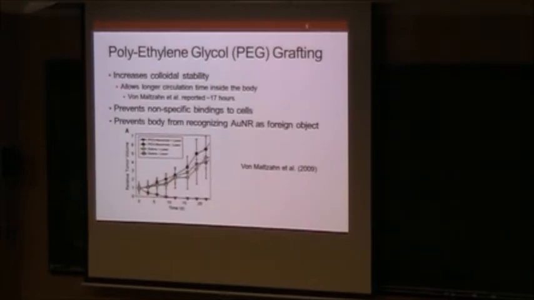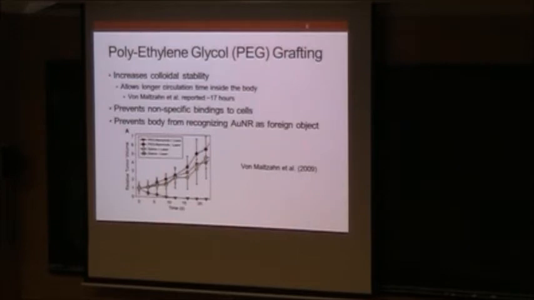Before you just stick gold nanorods into the body, you have to graft a polymer called polyethylene glycol, or PEG. PEG grafting has some advantages. One is that it increases colloidal stability, which prevents gold nanorods from agglomerating or deteriorating inside the body, and it allows longer circulation time.